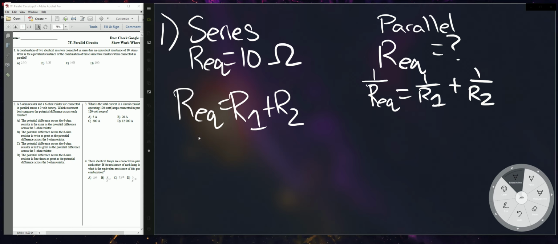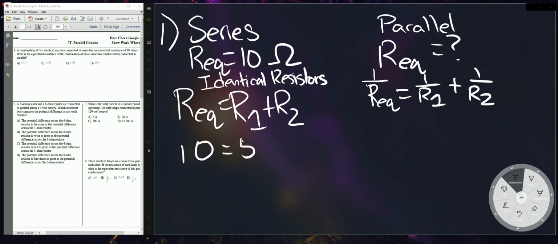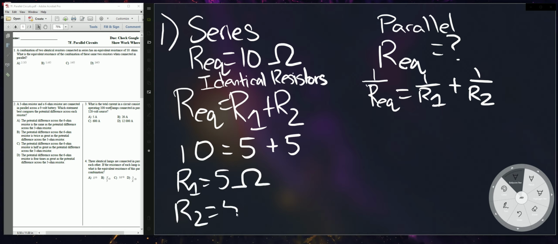So it says a combination of two identical resistors, right? They're identical resistors, which means that they have the same resistance, which means that if this is 10 ohms, then R1 is 5 ohms and R2 is 5 ohms as well.